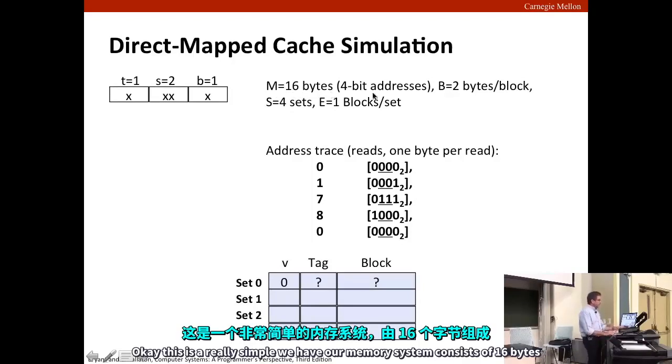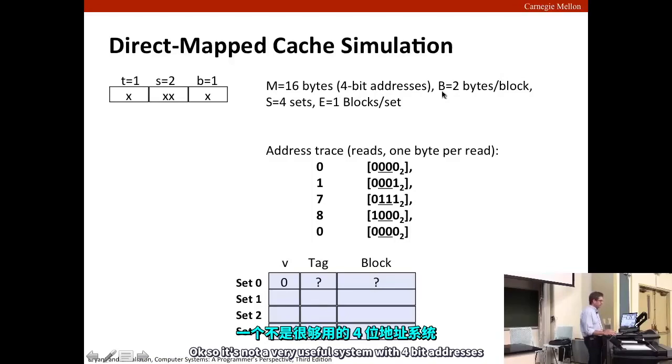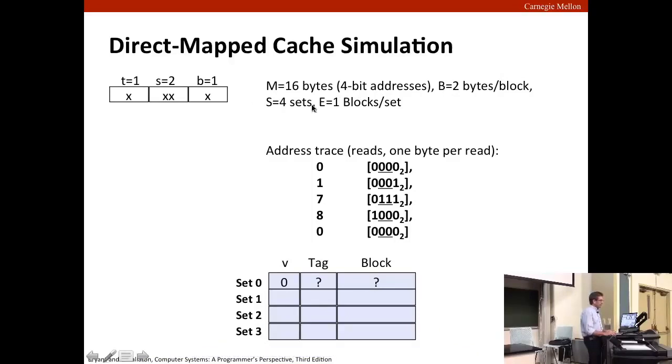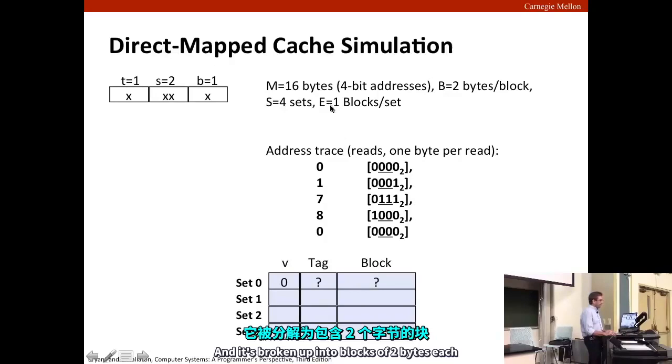Our memory system consists of 16 bytes, so it's not a very useful system, with 4-bit addresses. It's broken up into blocks of 2 bytes each. Our cache consists of 4 sets with 1 block per set.